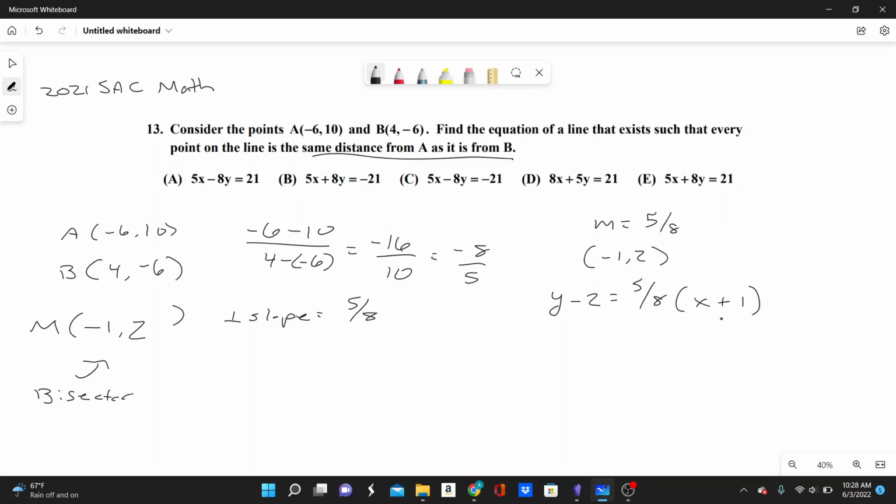I'm going to multiply everything by 8, just because all of our answer choices have whole numbers and no fractions. So I'm multiplying by 8 to get rid of the 8 in this denominator. If I multiply everything by 8, on the left we get 8y minus 16. And then on the right we get 5 times x plus 1, which is just 5x plus 5.